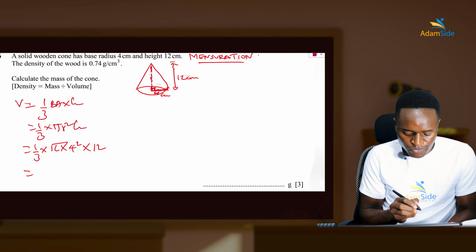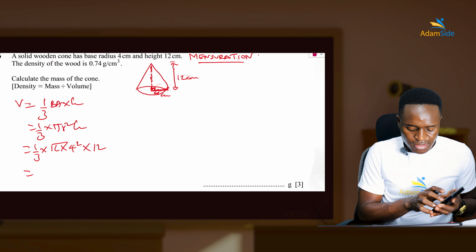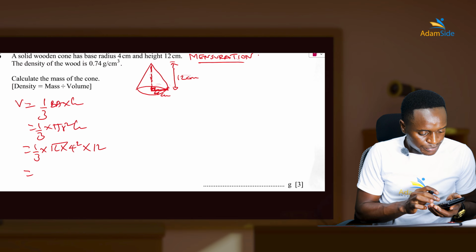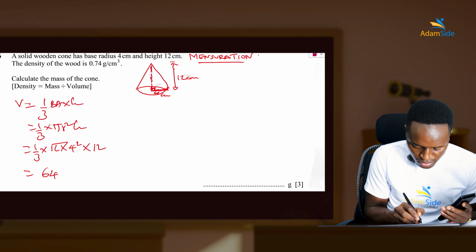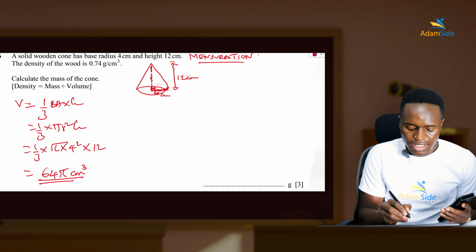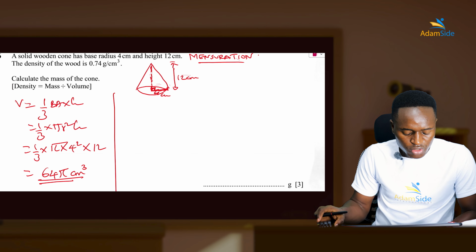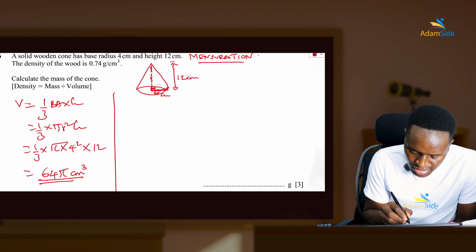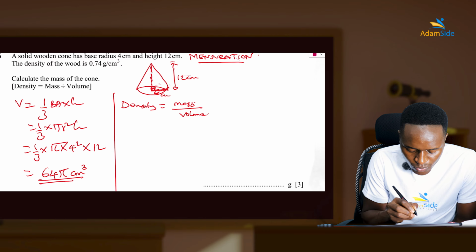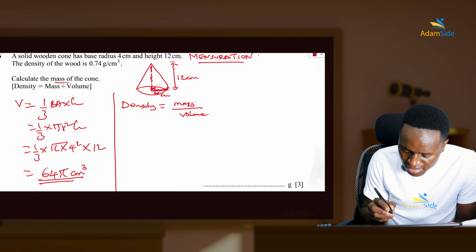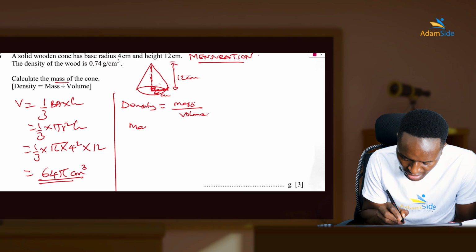So that means 16 times 4, that means it's 64 pi cubic centimeter. That's the volume. After finding the volume, we say density, we know density is equal to mass divided by volume.